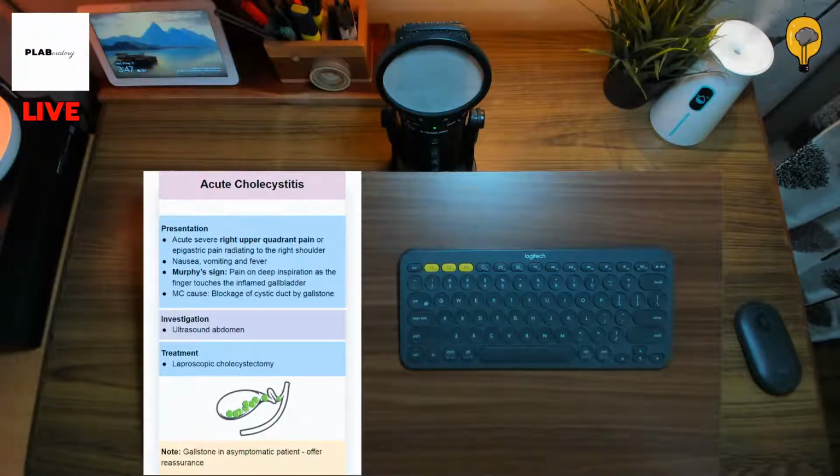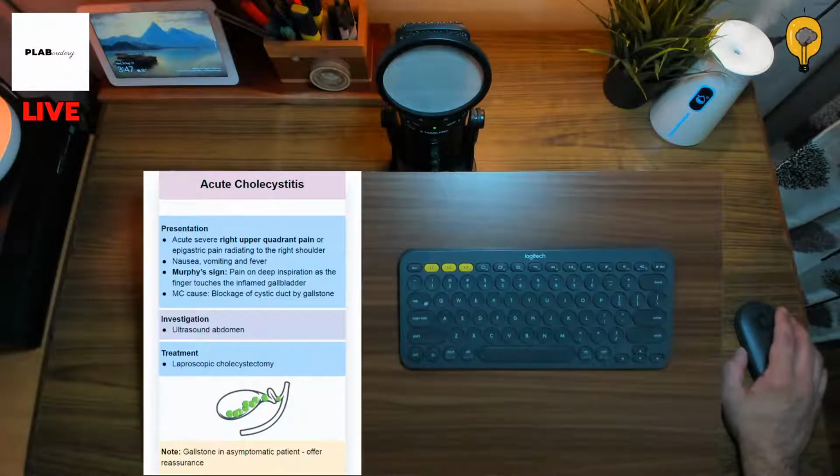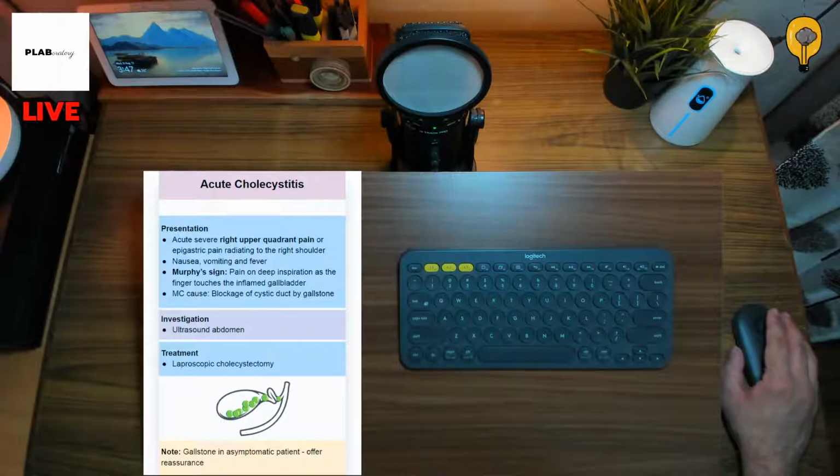Examination here shows a positive Murphy's sign. Remember, Murphy's sign is not just pain, but it is actually the arrest of inspiration when pressing the right costal margin at the mid clavicular line.